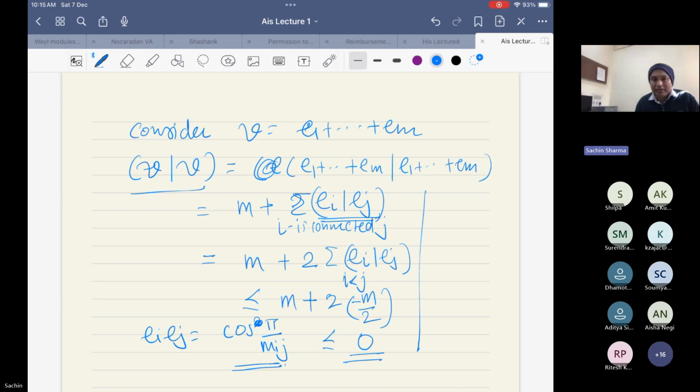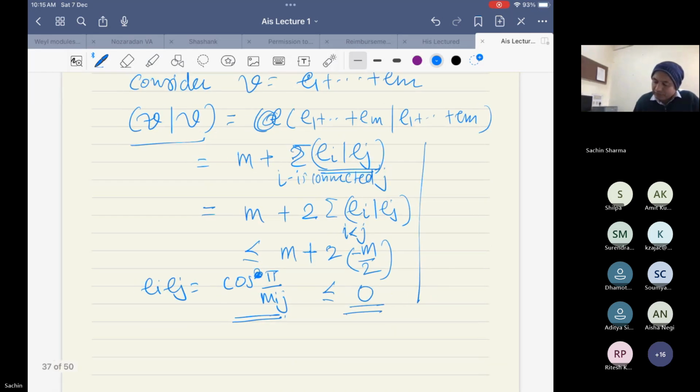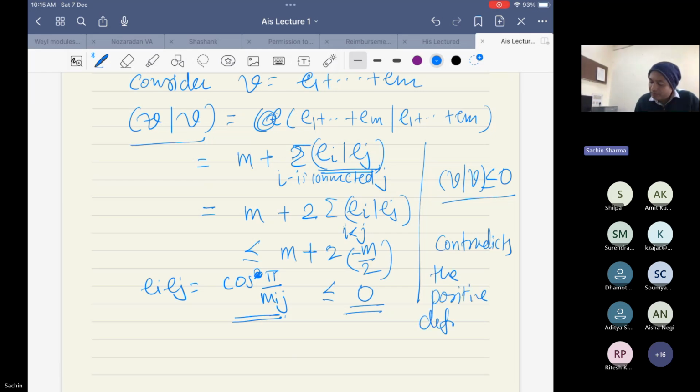I leave this for the assignment because it is a mere calculation. And so V of V is less than or equal to 0, which contradicts the positive definiteness of the bilinear form.